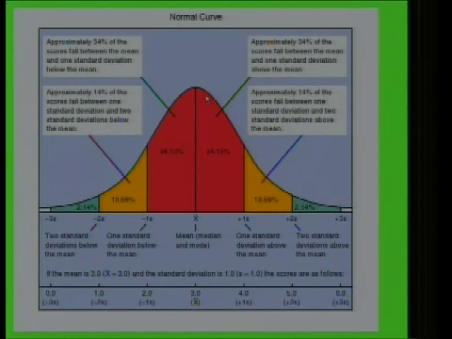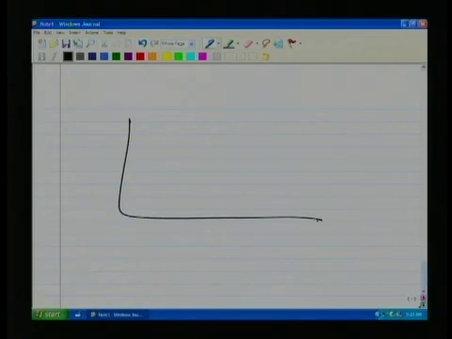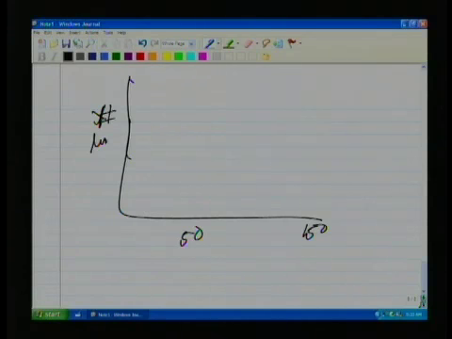Let's go to the tablet for a second. This is 150 feet over here, and this is 50 feet over here, and this is the number of times you threw the ball.